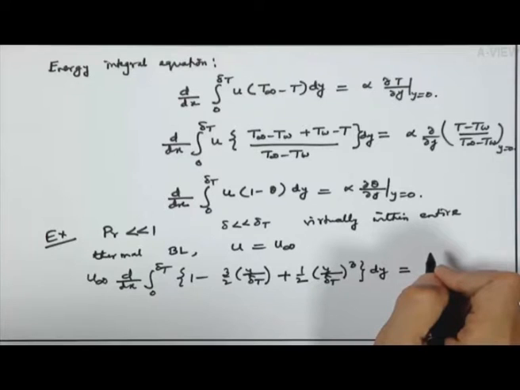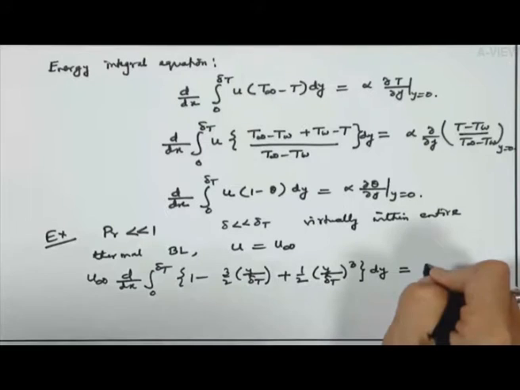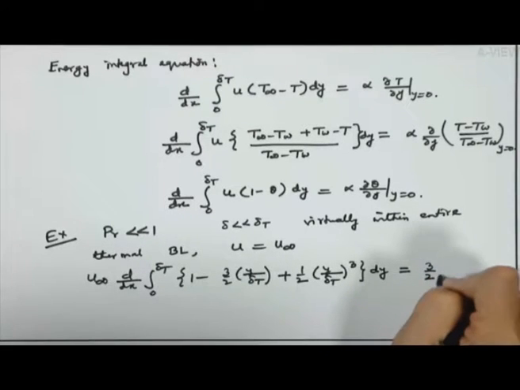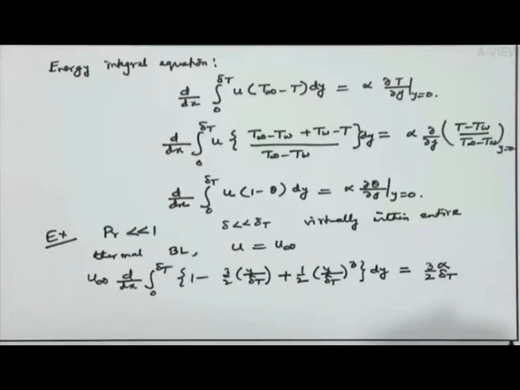Theta is equal to 3 by 2 y by delta t minus half y by delta t whole cube. So, del theta del y at y equal to 0 is 3 by 2 delta t, and alpha is there.